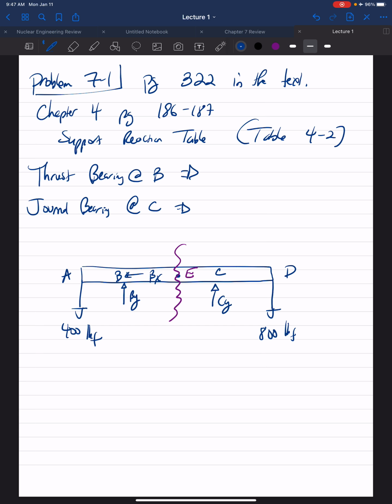So then if we take the moment about a point, we can ignore the forces that interact at that point. So if we take the moment about point B using our equilibrium equations, we can ignore By and Bx because there's no perpendicular distance from their lines of action about point B, because the lines of action go through point B.